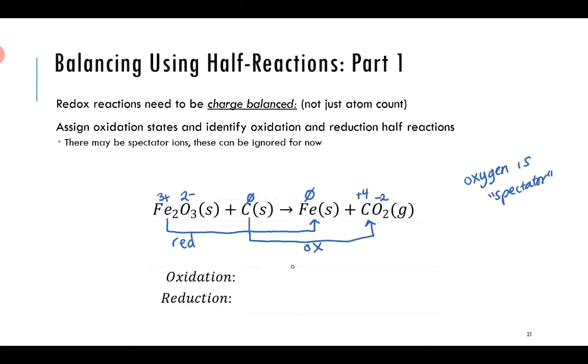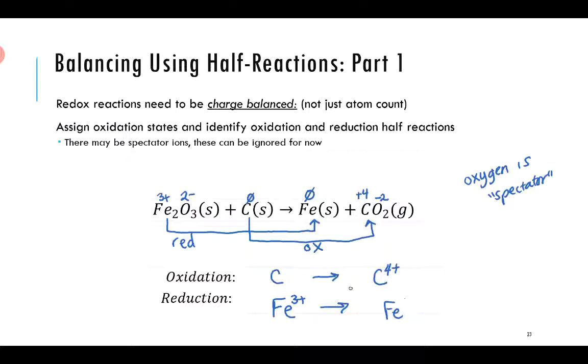So we can go ahead and write out our half reactions, and we'll just start by writing out the element on both sides with its charge specified, so that's 0 and 4+. And then we'll start off with our iron, going from iron 3+ to iron 0.